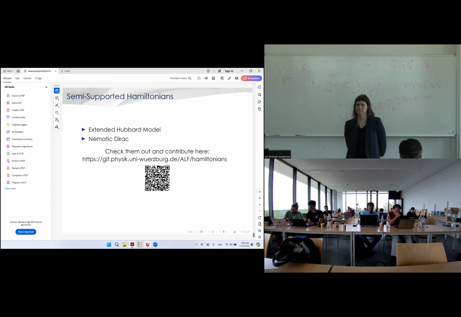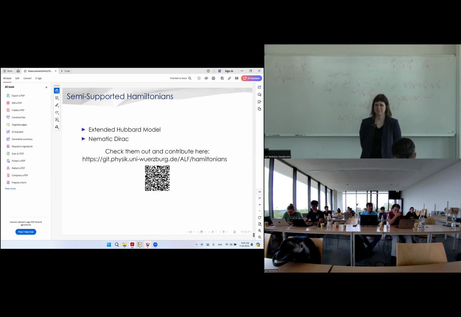So when you say, for example, extended Hubbard model, we did that with Johannes, and basically the extended Hubbard model is a model which will work with ALF 2.5. And in this extended Hubbard model, there's only the Hamiltonian, right? So you download it and it's automatically done. And you can basically then just type return, something like that. In principle, in practice, maybe not. And then you have your extended Hubbard model that will work.